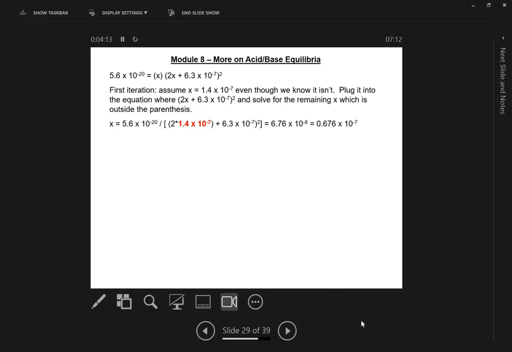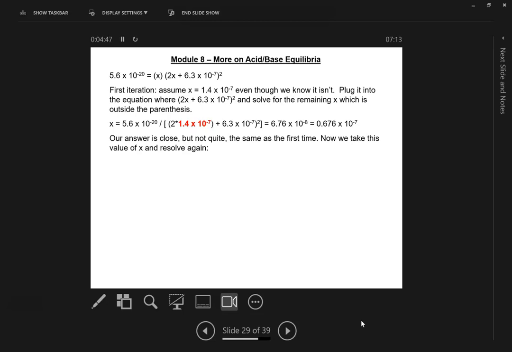I plugged in 1.4 times 10 to the minus 7th in red. When I do all that math, I get 6.76 times 10 to the minus 8th, or 0.676 times 10 to the minus 7th. So originally I had 1.4 times 10 to the minus 7th. Now I get 0.676 times 10 to the minus 7th. Our answer is closer, but not quite the same as the first time.